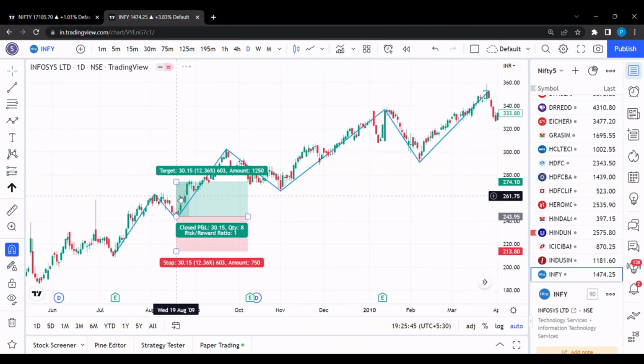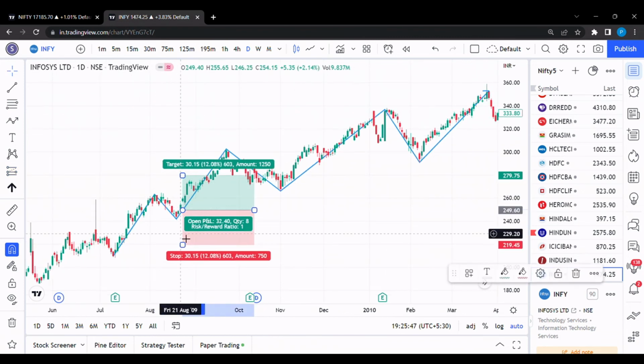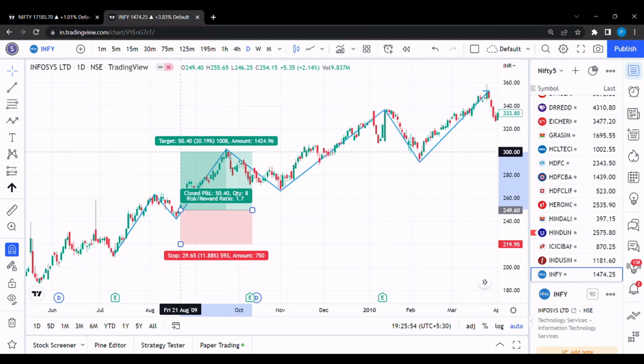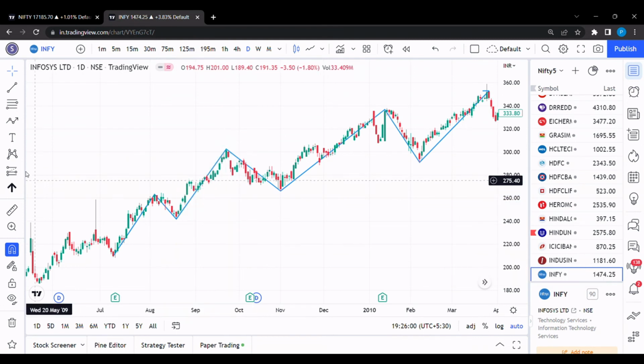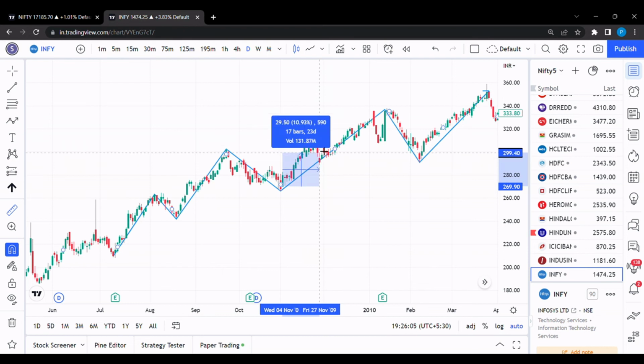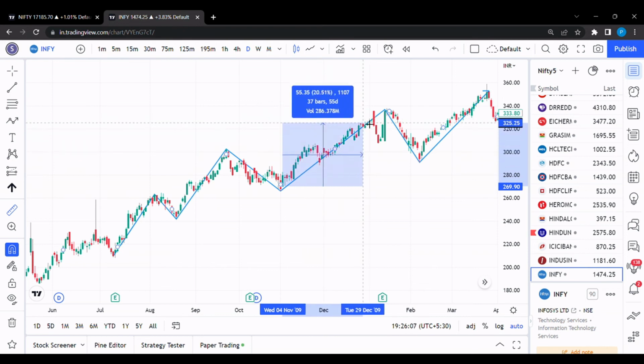If you have taken entry here, and stop loss, we're not focusing on the stop loss right now, we are focusing on the trend. So see, 20% return, isn't it great? If we see from here to here, 20% return in just a matter of 55 days.